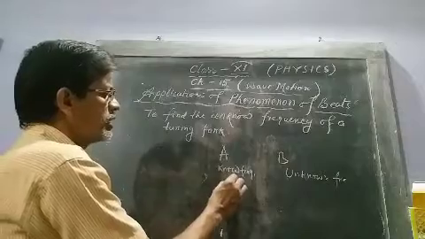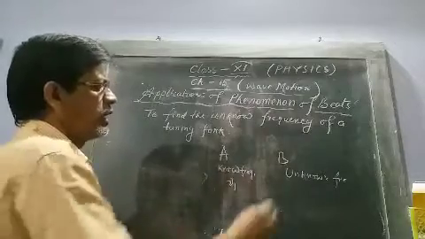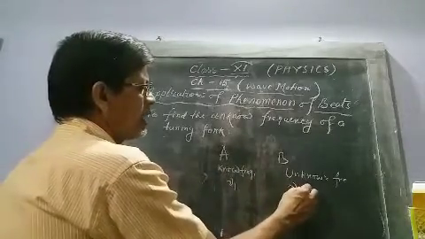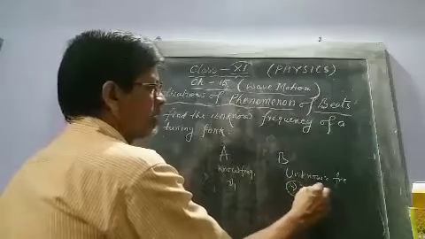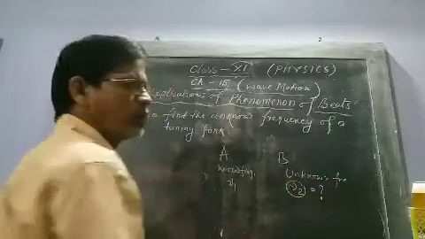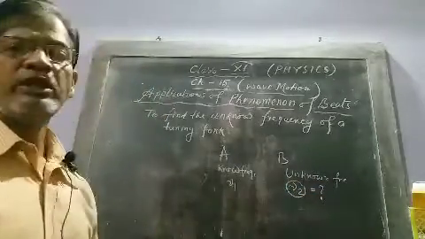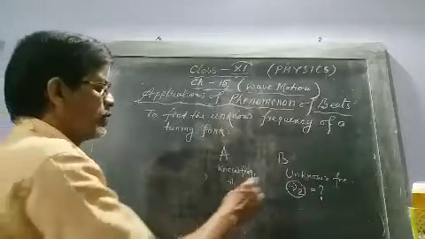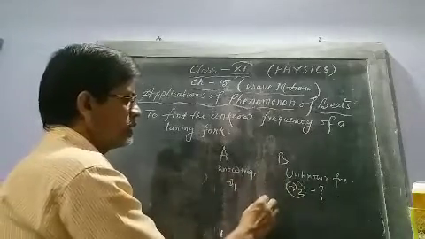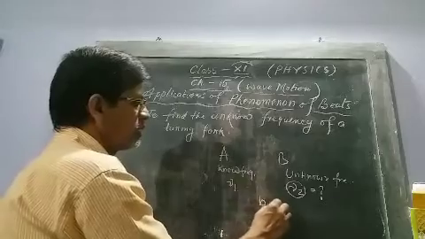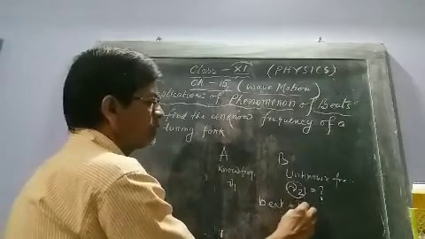Say its frequency is nu1 and the other frequency is unknown. We have to find this. Suppose the beat frequency between these two is b.